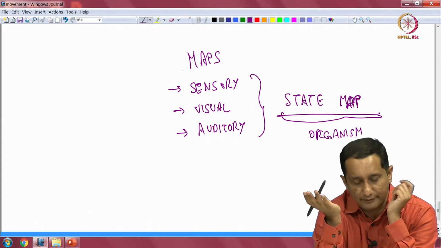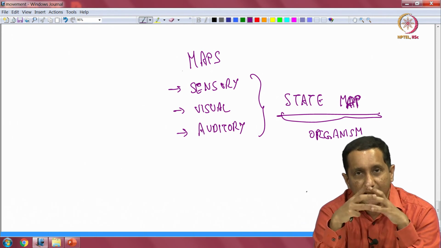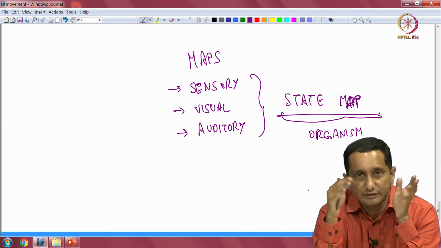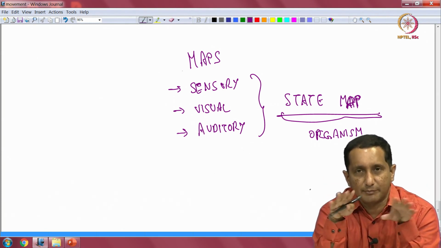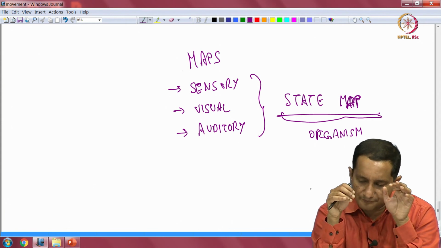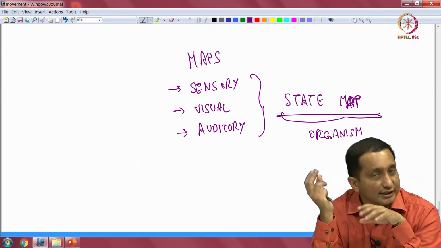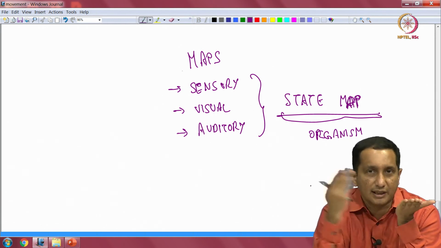I use the term manifold for that reason. The brain represents outside space through these various sensory modalities, and then you have a state map. There was a concept earlier that the state map is in the parietal cortex, and that is what is updated continuously.